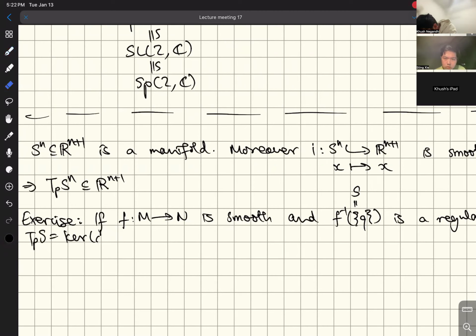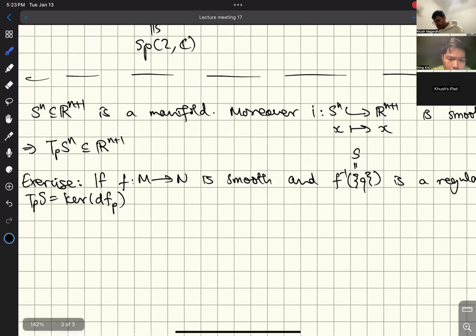No, that's not true. Wait, I think I have a typo here. This should be the kernel of the differential map at the point p. I will fix that in my notes.